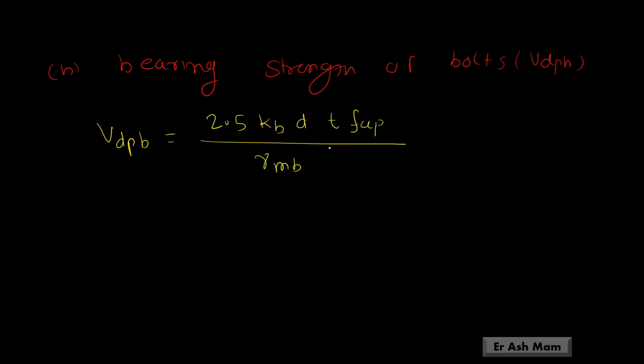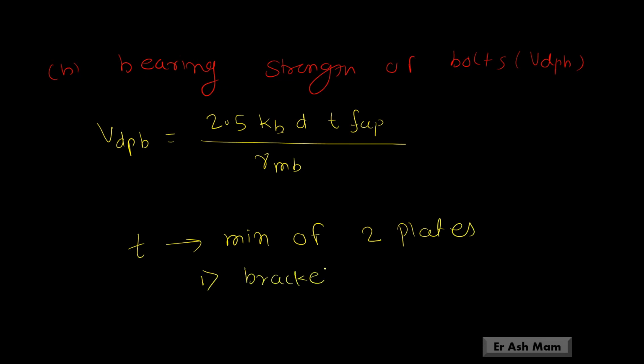D is the nominal diameter. T depends: T is the minimum of the two plates. We know that there are two plates. One plate is your bracket plate, and the second plate is the flange of the column.